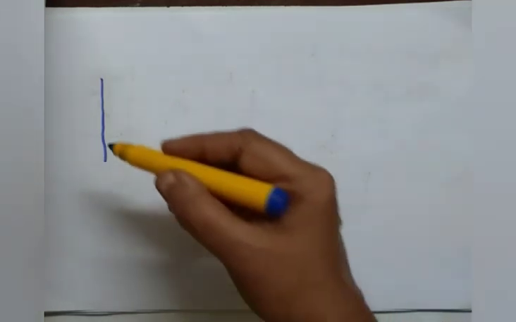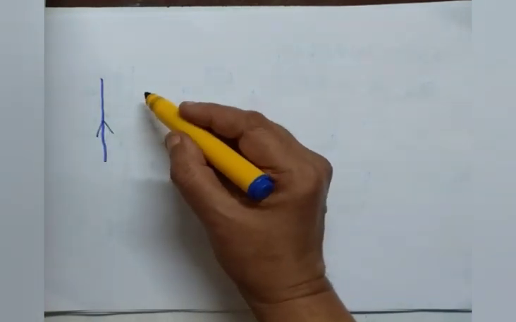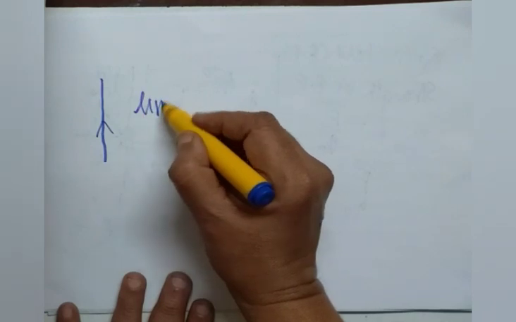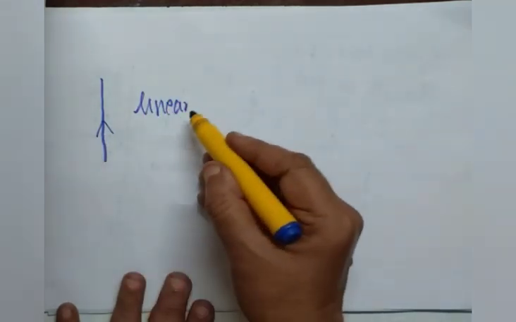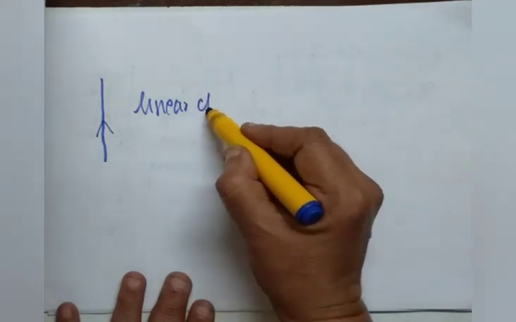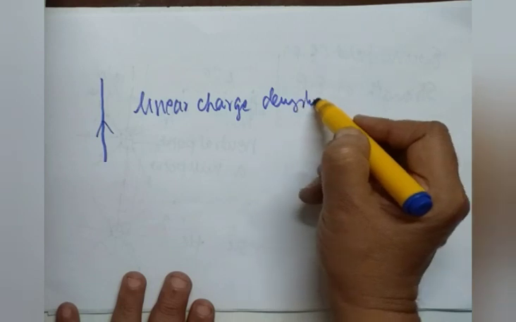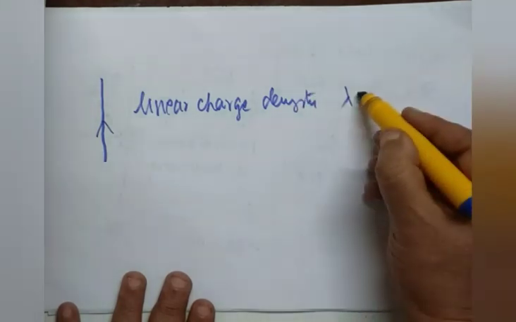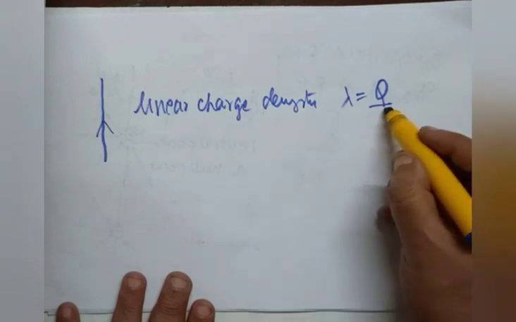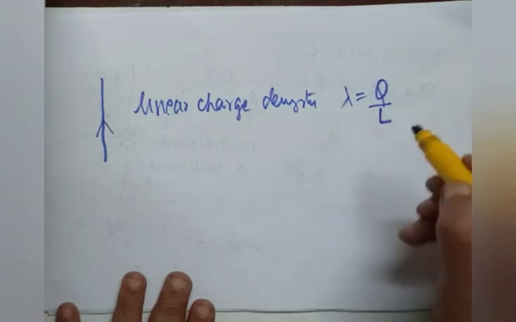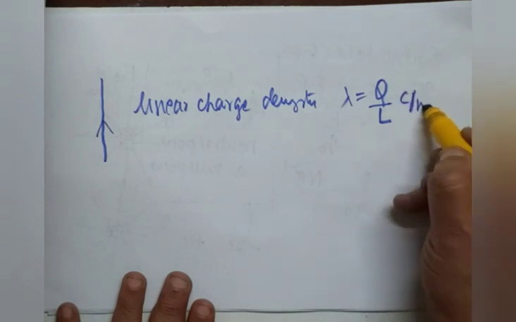For a line of charge, we define what we call linear charge density. As we cannot easily say how much charge is at each point, we define linear charge density, usually denoted by lambda. That is total charge on the straight wire divided by its length. That's why its unit is coulomb per meter.